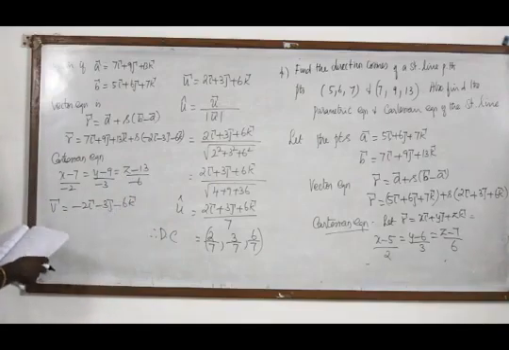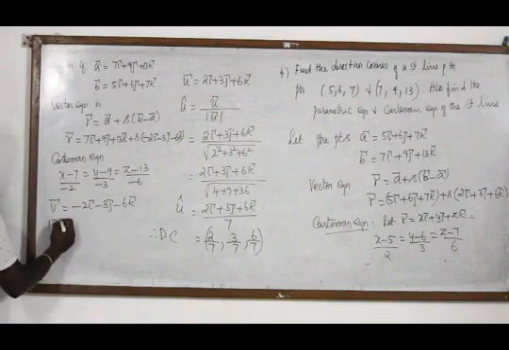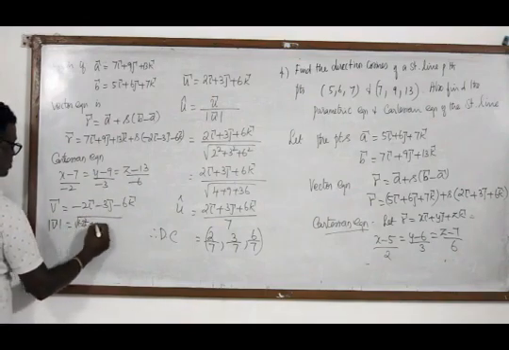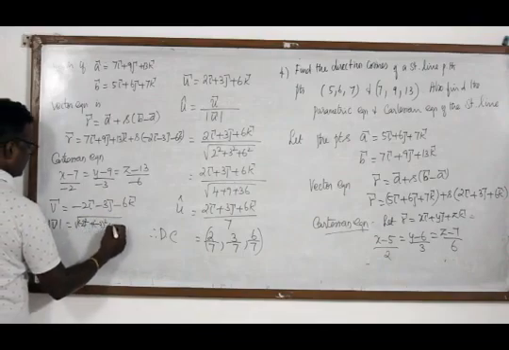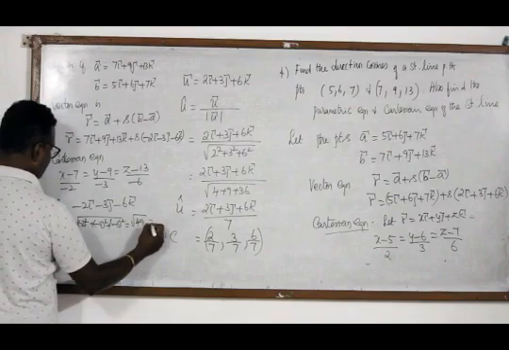The modulus will be the same: root of minus 2 the whole square, minus 3 the whole square, minus 6 the whole square, is the same root 49, that is 7.